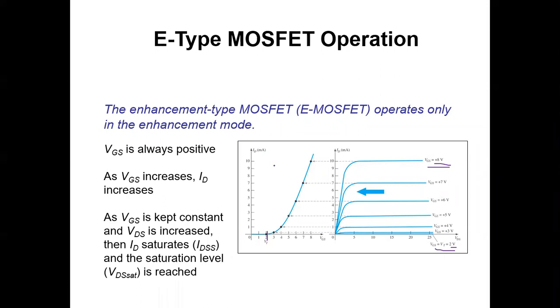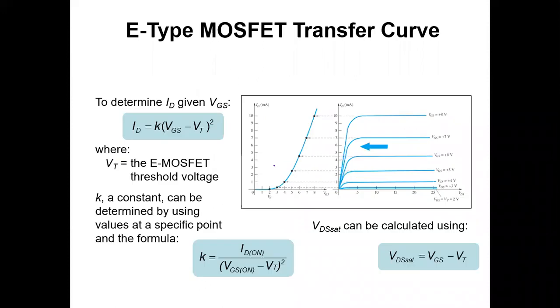Now the next thing of importance is some equations related to your transfer curve. Your drain current is proportional to K into (VGS minus VT). K is actually a constant, and it depends on the device.